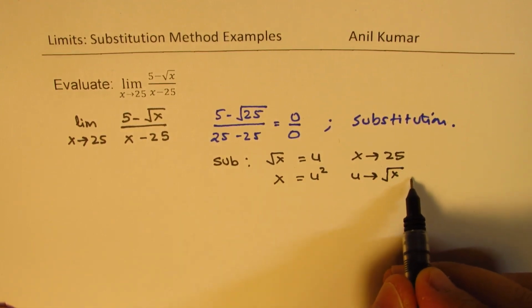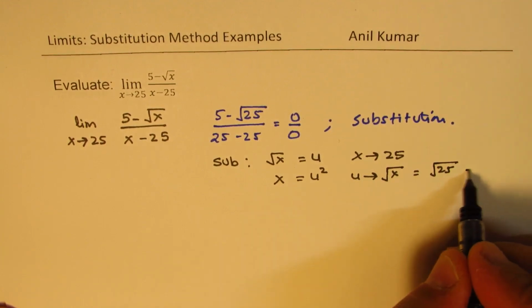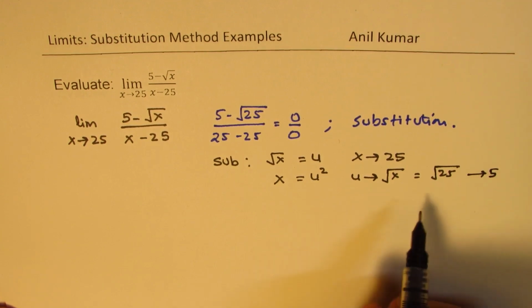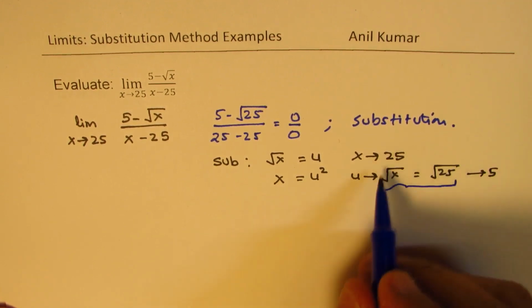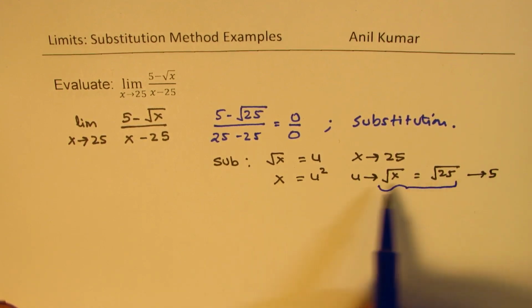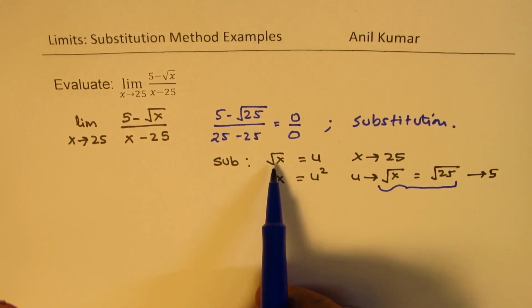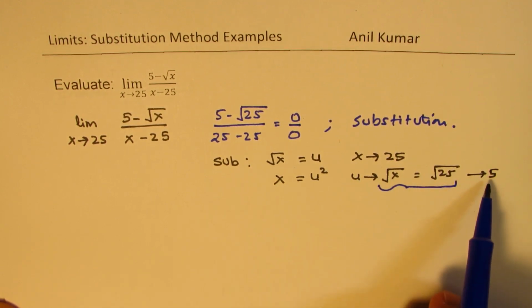U is square root of x, which is equal to square root of 25, so u is approaching 5. Is that clear to you? These two steps are only here as a filler to make you understand why u approaches 5, since u is equal to square root of 25. In later videos, I'll be writing it directly.